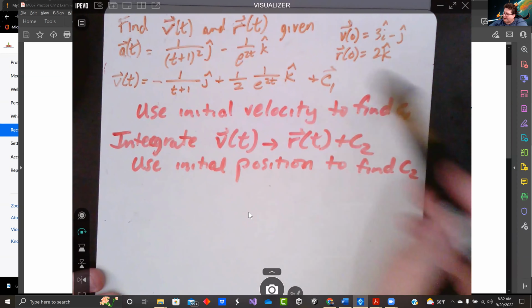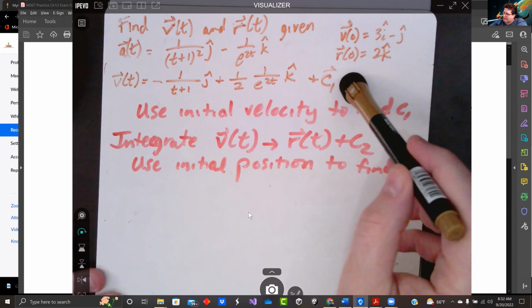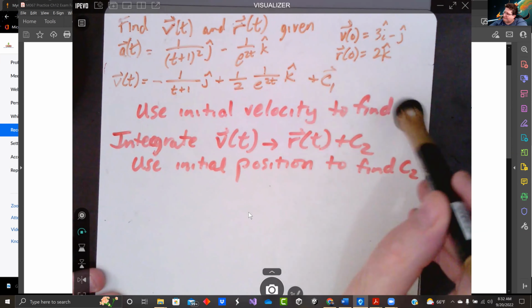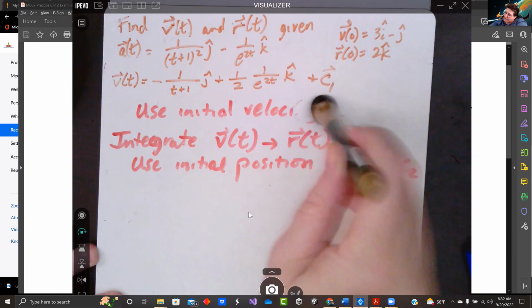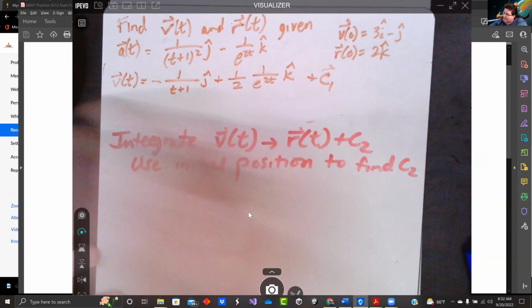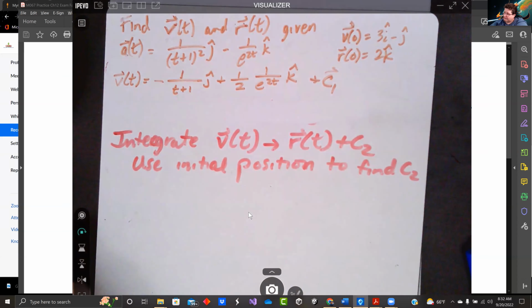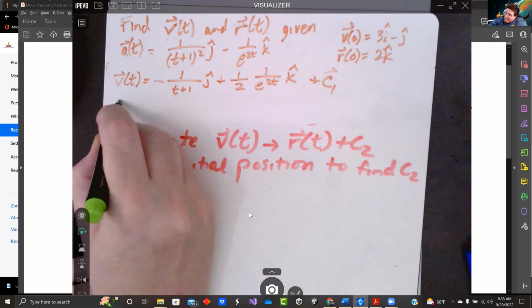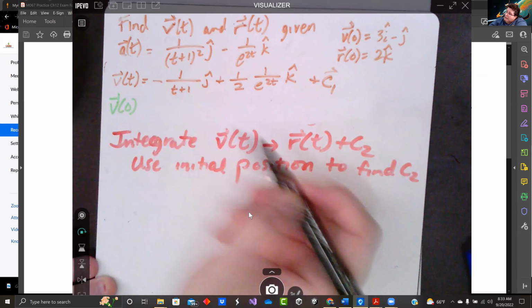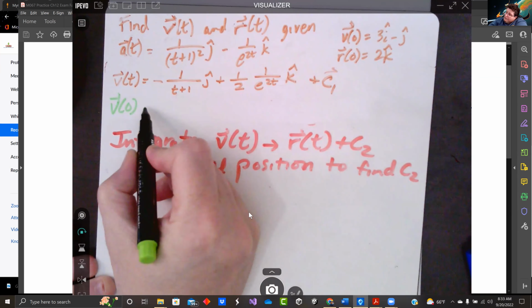All right, so we've got our B of t, but there are some initial conditions that we need to apply. If I plug in B of 0, what do I get here?